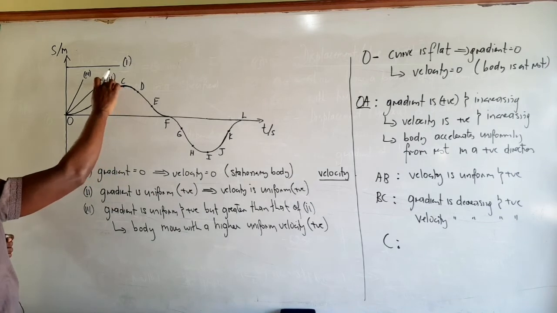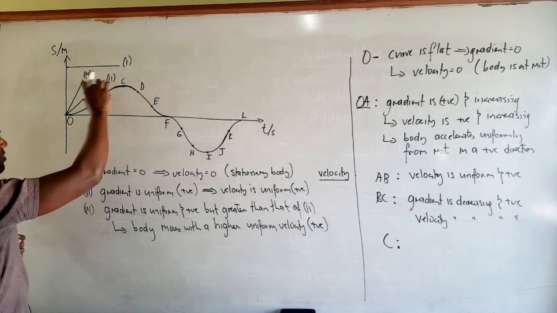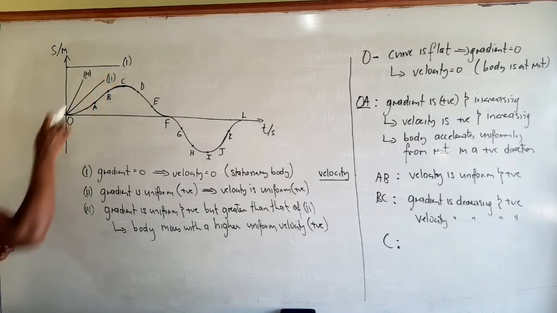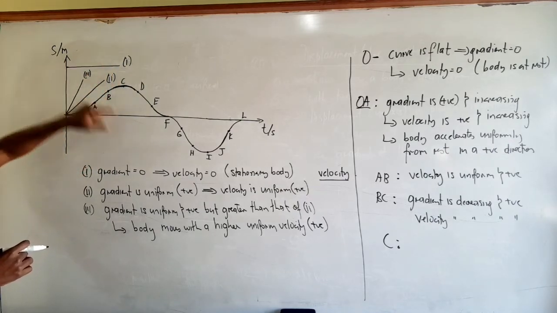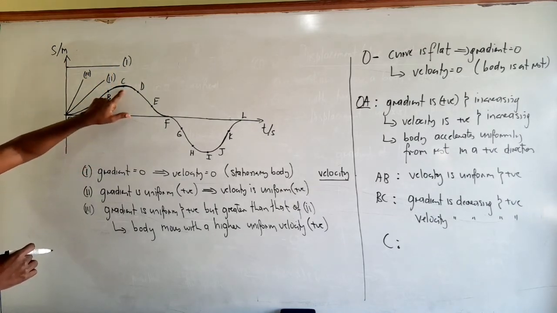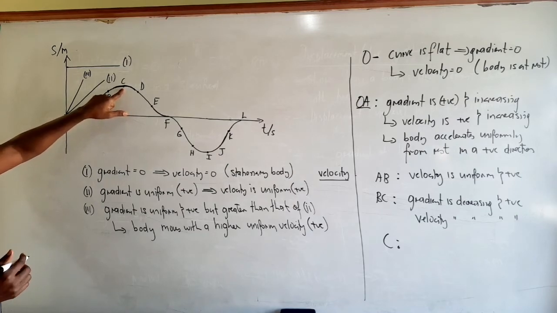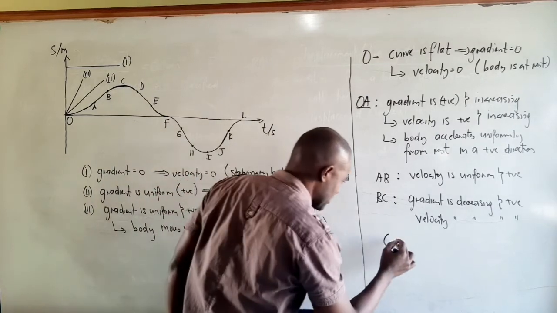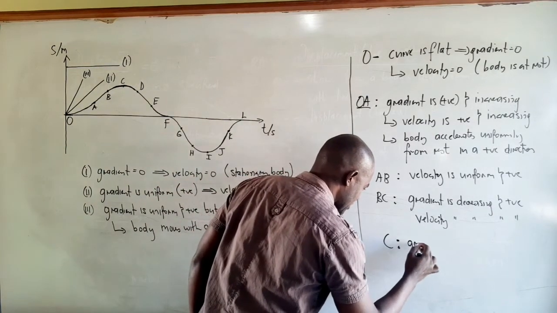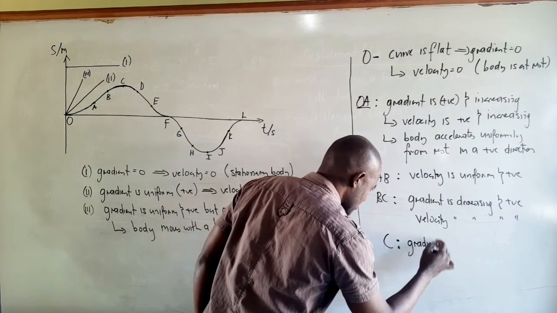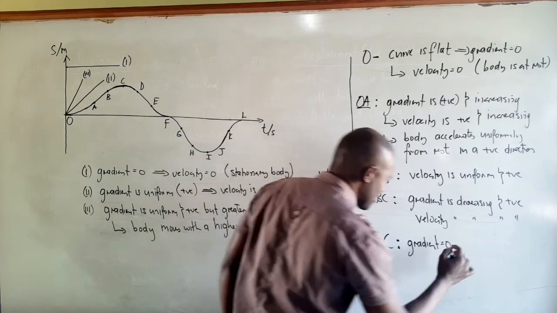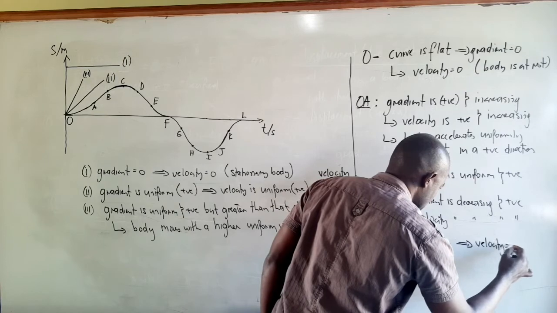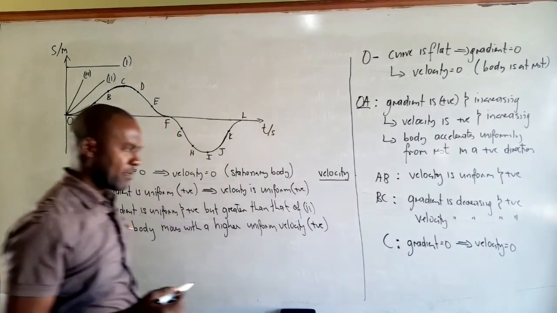Now at C, the curve or the graph is flat. If we were to draw a tangent to the curve at C, it would be a horizontal line, it would be parallel to the graph in 1 and also the x-axis. So at C, the graph is flat, which means the gradient is 0. So the graph is flat, so the gradient is equal to 0. And this of course means that the velocity is equal to 0. Alright?